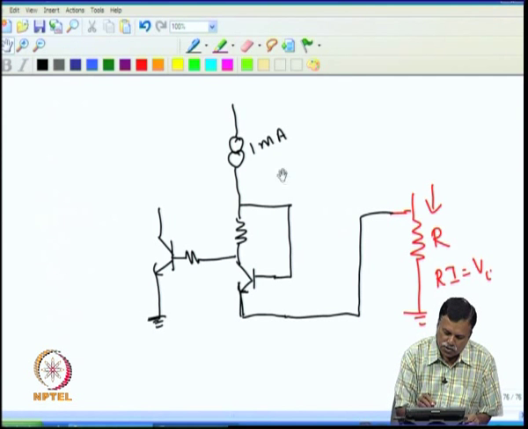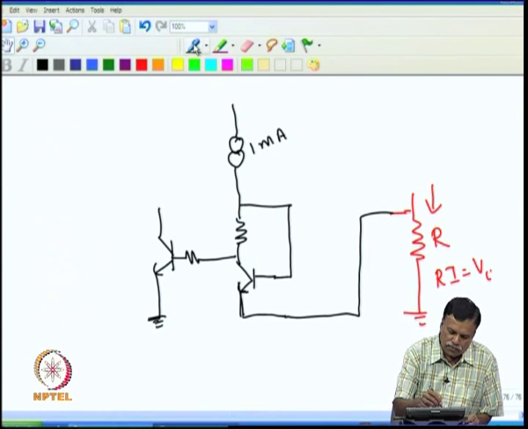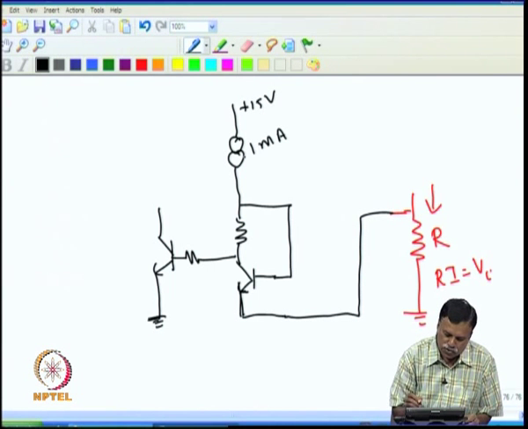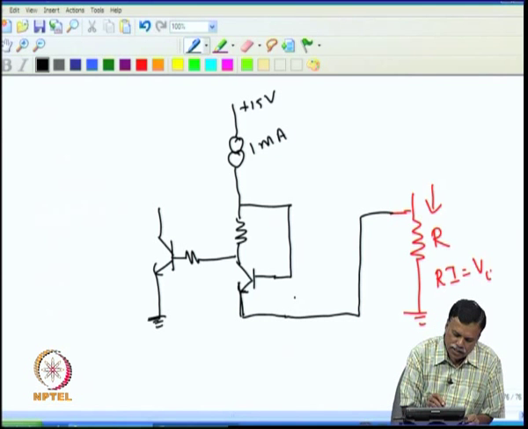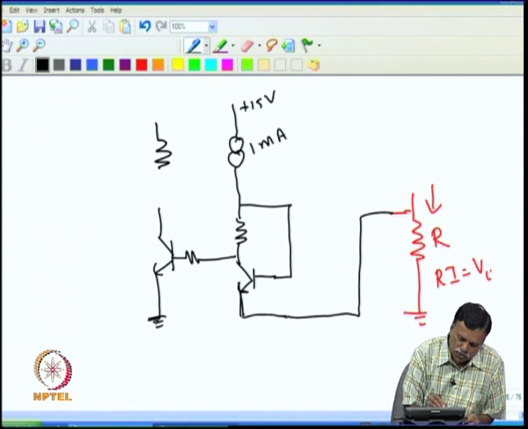For that we are using this. So, assume that we have a plus supply, and we have a current source, and this we can consider as another load.